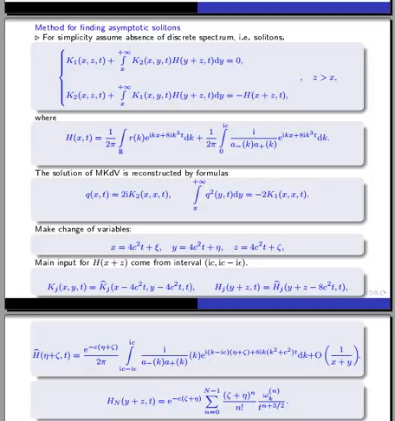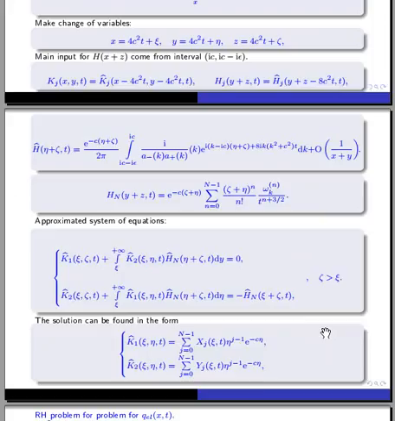Then, to study asymptotics, they make a change of variables, which centralizes everything in the vicinity of the leading edge. So they subtract 4c squared t. Then they noticed that the main input to the kernel comes from integrating over a small interval in the vicinity of the point ic.